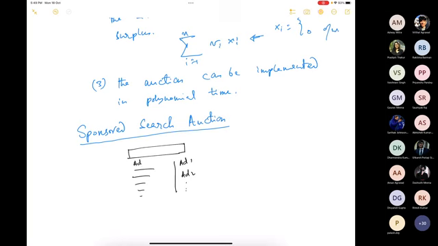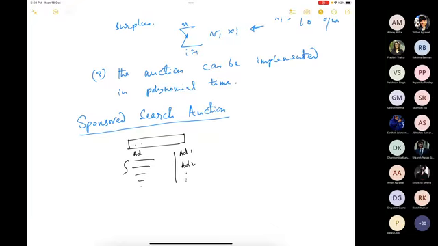So what I'm saying is that for a keyword, there is some predefined space in the window which is allotted for showing ads. They are not for the results. The actual search results are here. Now, which ads to show for which keyword?